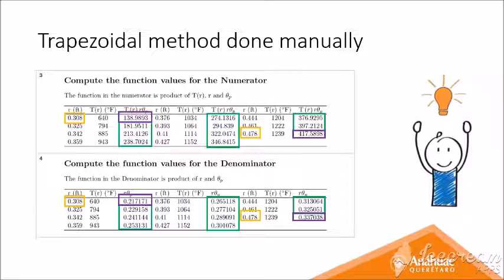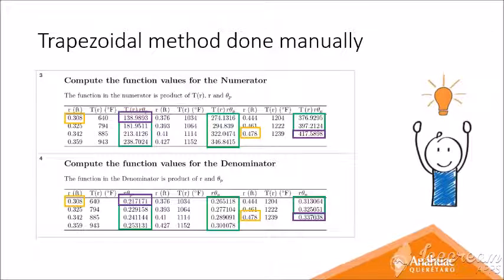The third step is to compute the function values for the numerator. The function in the numerator is the product of T, r, and theta P. The fourth step is to compute the function values for the denominator. The function in the denominator is the product of r and theta P.